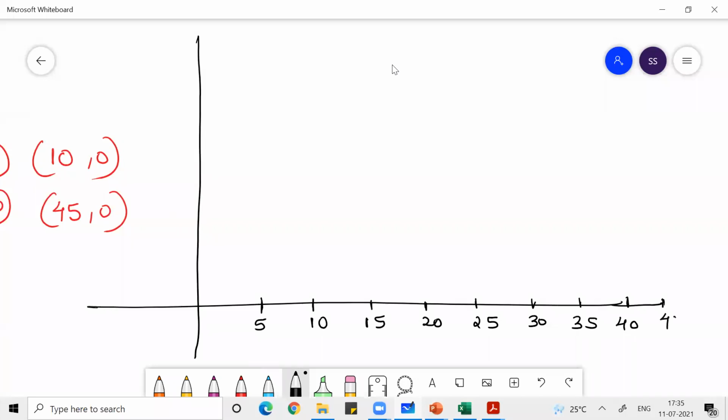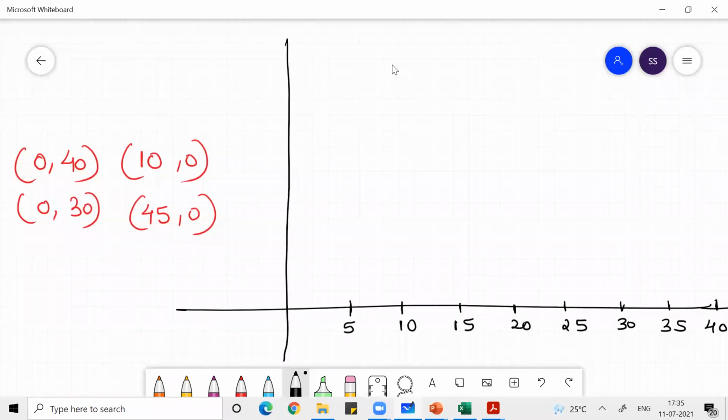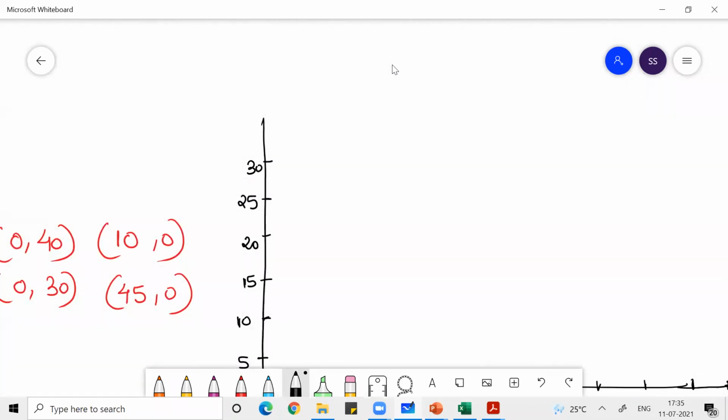Now on the other axis you can put 5, 10, 15, 20, 25, 30, 35, 40, 45 like this.